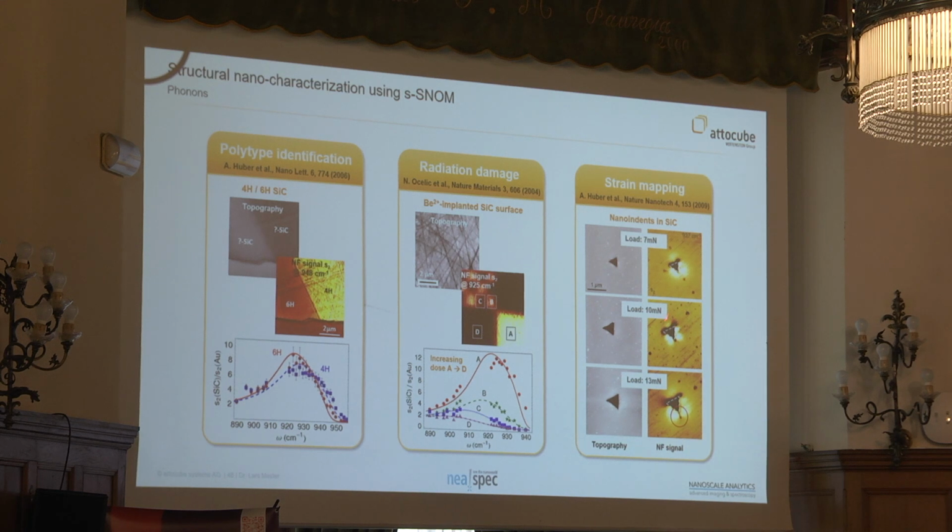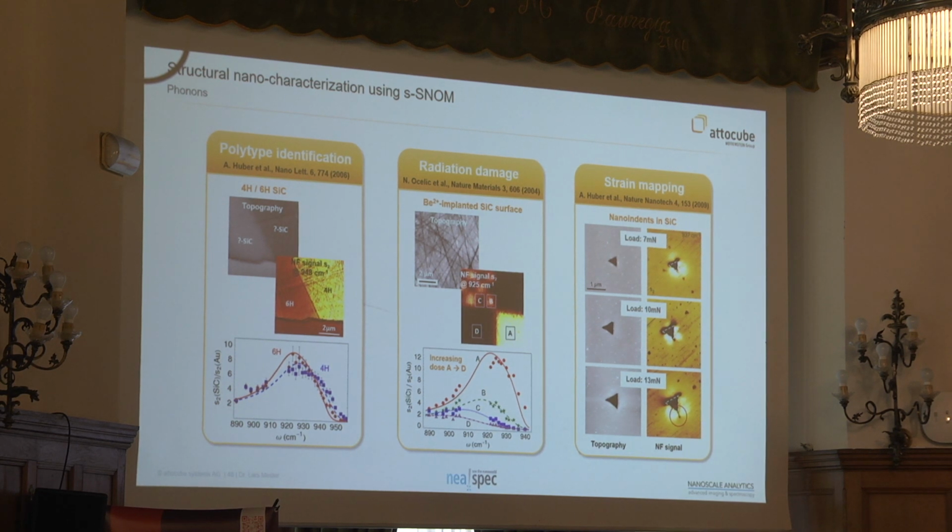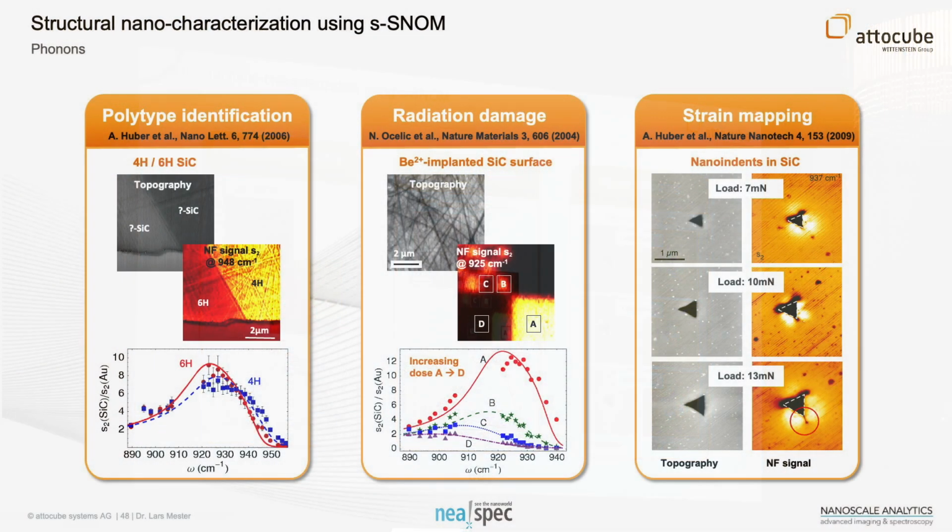We can tune the laser to this very sharp phonon resonance. And this phonon can be affected by strain. And this is now mapped here. So it's using the s-SNOM to map strain in a phonon, in a semiconductor, by exploiting this super high sensitivity that we have for this kind of samples.